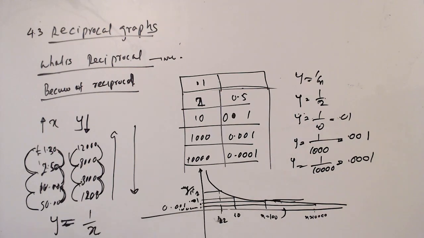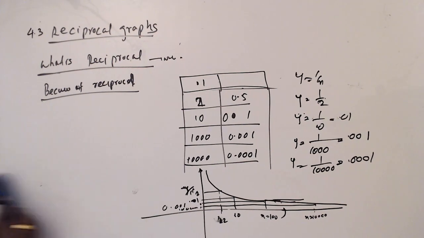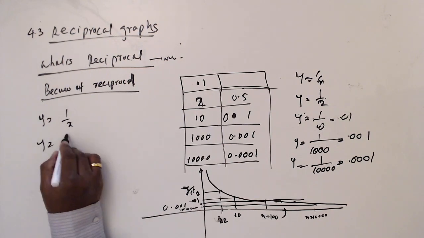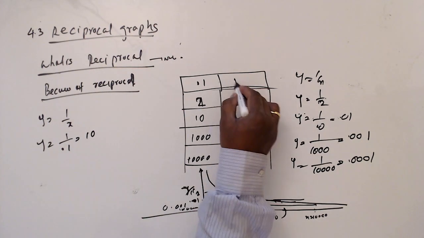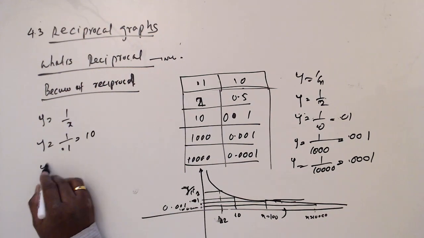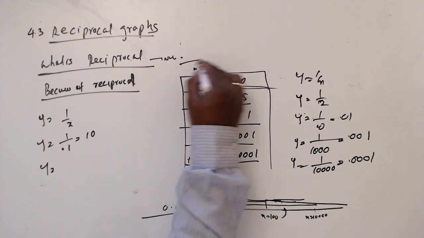Let me erase this one now, I can't keep it. y equals 1 over x. 1 over 0.1 becomes 10. Then I'll take 0.01.